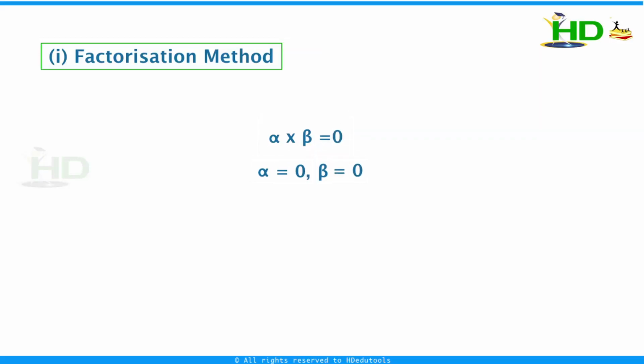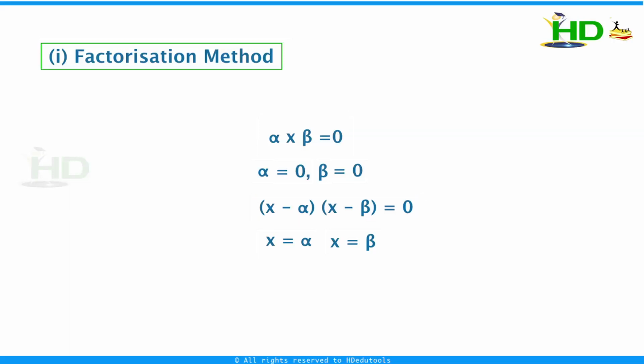Similarly, if x minus alpha into x minus beta is equal to 0, then we can take either x is equal to alpha or x is equal to beta. Thus, x is equal to alpha and x is equal to beta are the solutions of the quadratic equation.